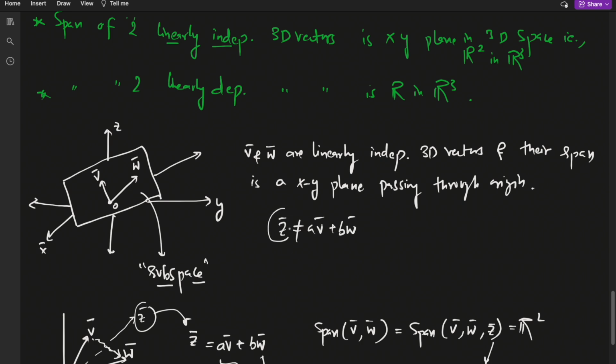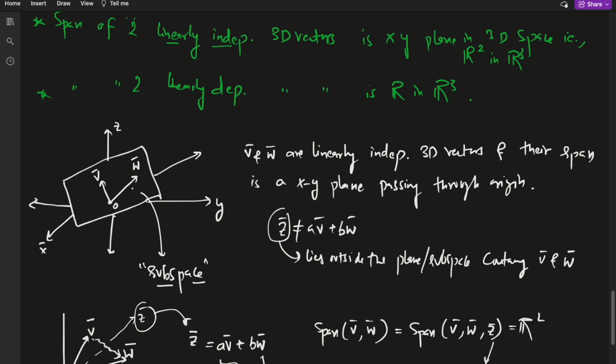That this z lies outside the plane, or you can also say the subspace containing v and w, right? Because if it lies in the same plane as v and w, then it must be a linear combination of v and w. That is by definition.